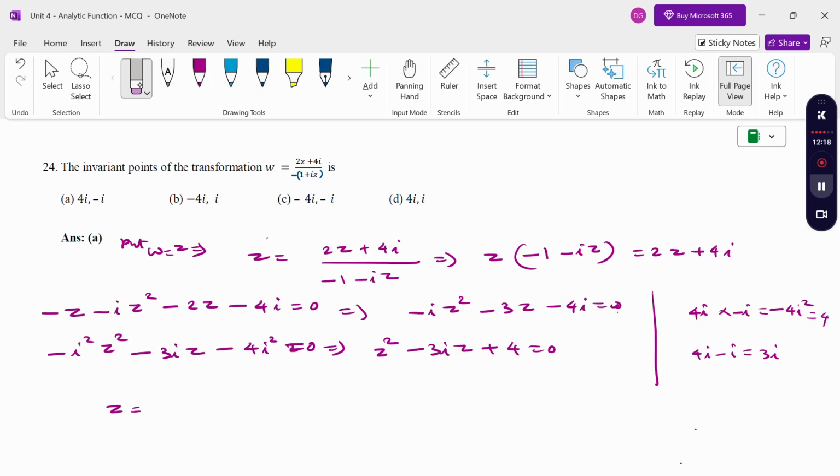When we multiply z plus 4i and z minus i, just multiply to check: z square minus zi plus 4zi and so on. I think it is a minus, correct? Factoring directly, z equals 4i and minus i. So the option is A.